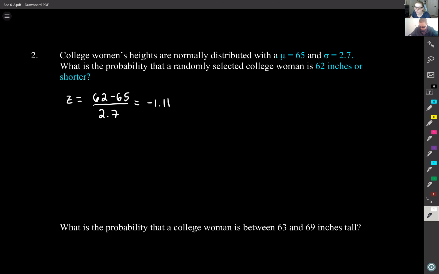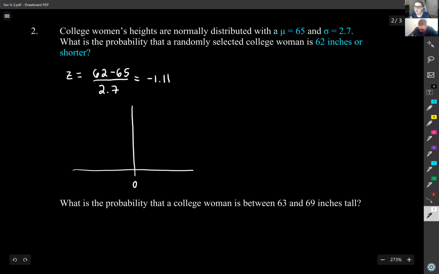So we need the table value for this number, but first let's draw our little diagram to make sure that we know what area we're supposed to be finding. I have my mean of 0, and my z-score is negative 1.11, so I'm going to put that about right here. I want to know the probability that a woman is 62 inches or shorter, but we just converted that to negative 1.11.